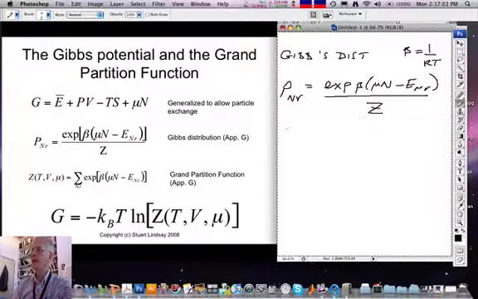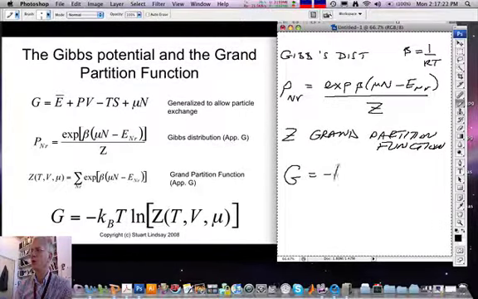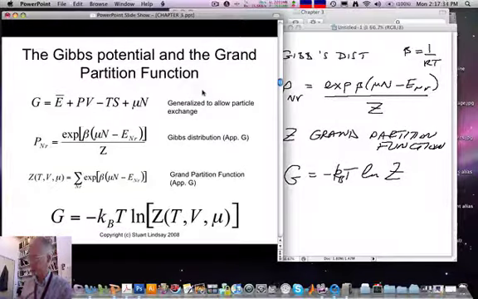And this Z now is called the grand partition function. That sum is written out on the slide. And by analogy with the derivation we showed earlier for the Helmholtz free energy, the Gibbs free energy is given in terms of the grand partition function by minus k Boltzmann times temperature times simply the log of the grand partition function. We'll use that result later.